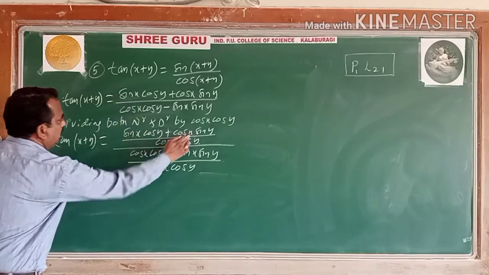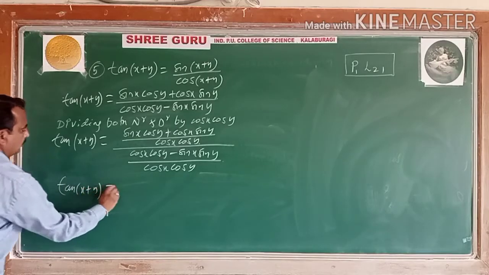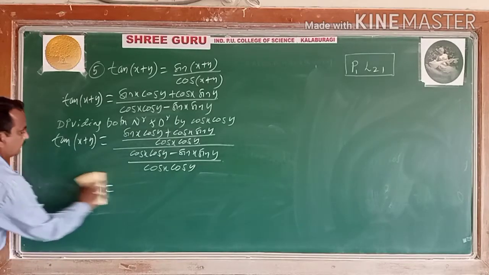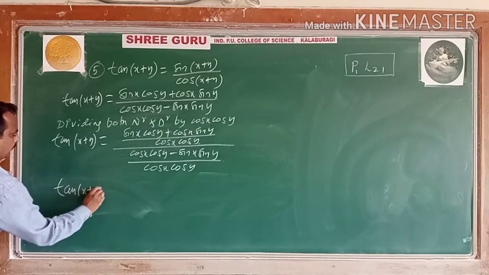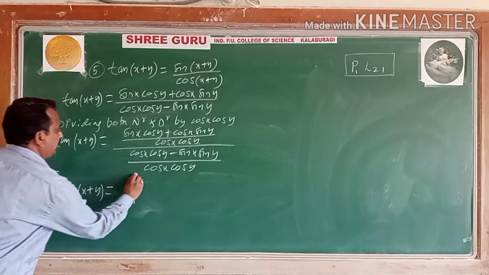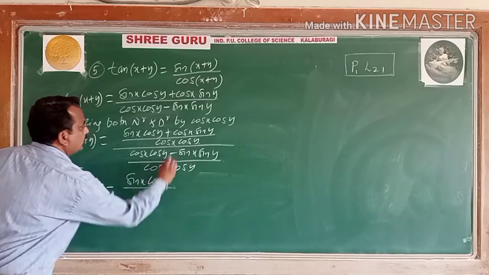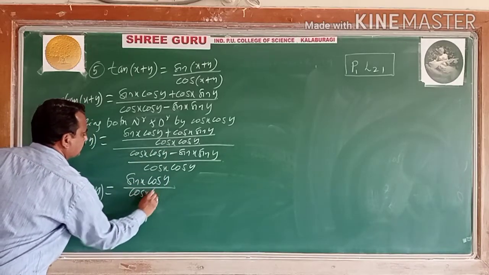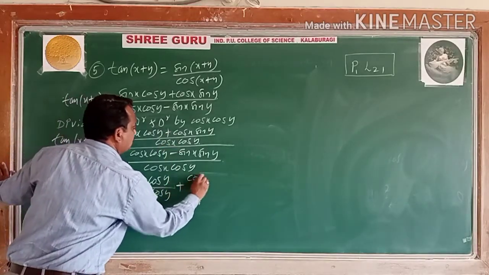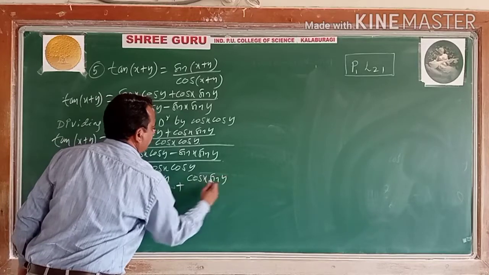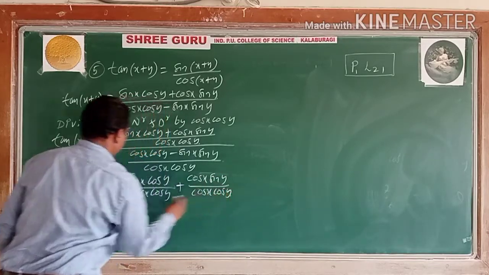Now dividing separately, tan of x plus y is equal to sin x cos y divided by cos x cos y plus cos x sin y divided by cos x cos y.